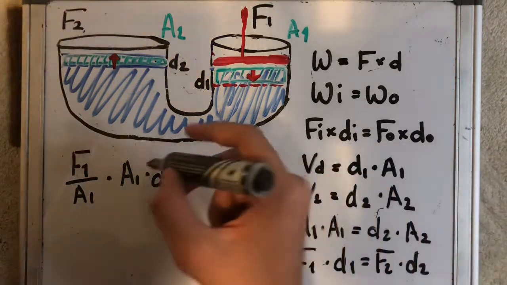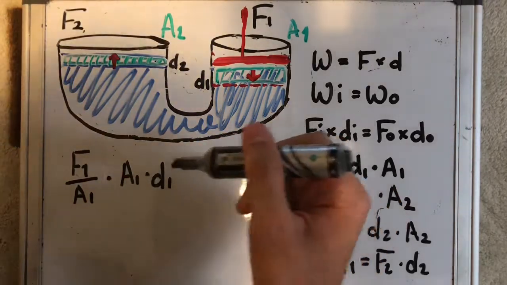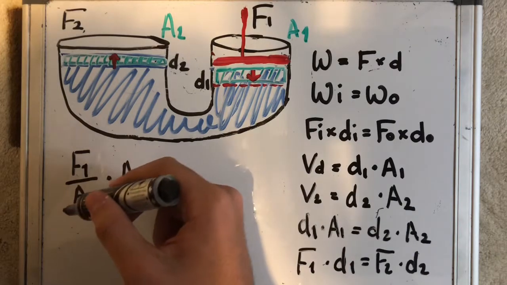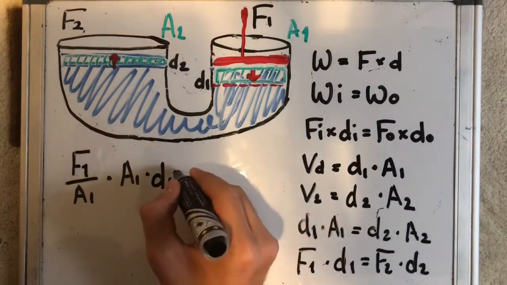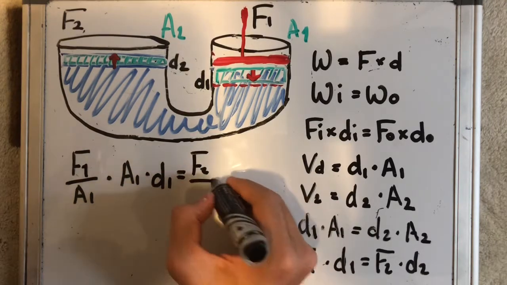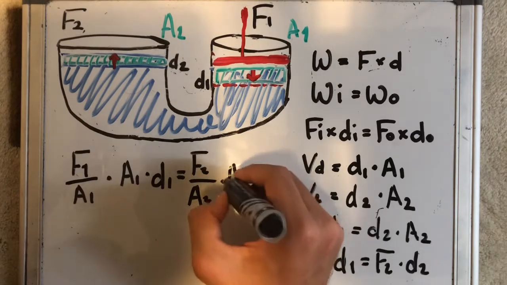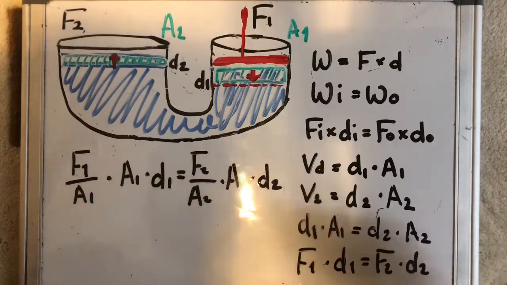As you can see, I multiplied and divided by the area, which you can do with any variable or number. So F1 divided by A1 times A1 times distance 1 will equal force 2 divided by area 2 times area 2 times distance 2.